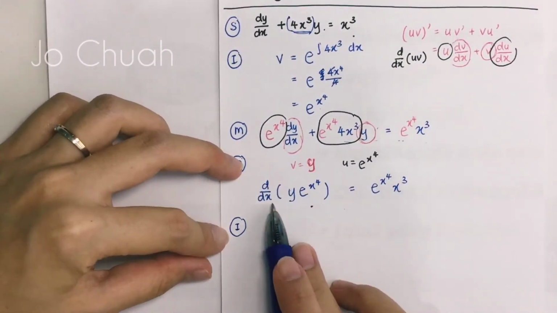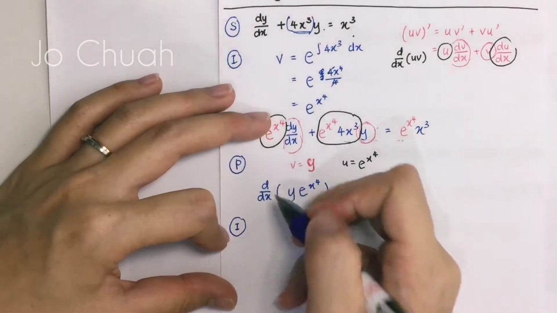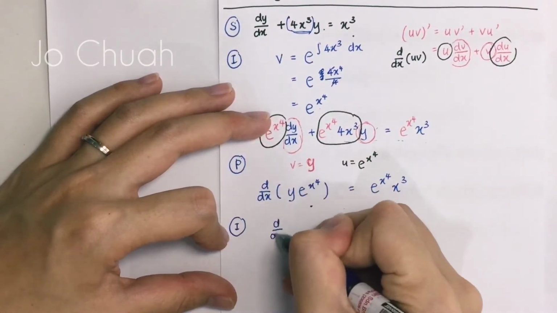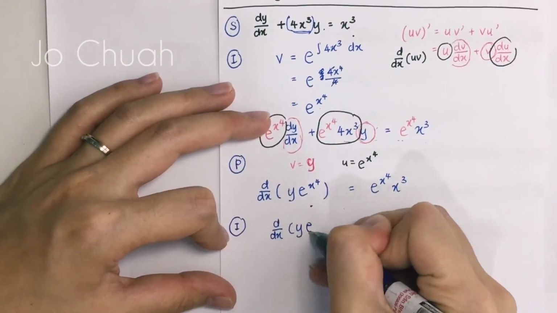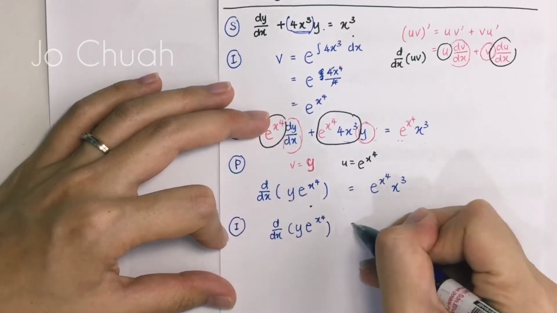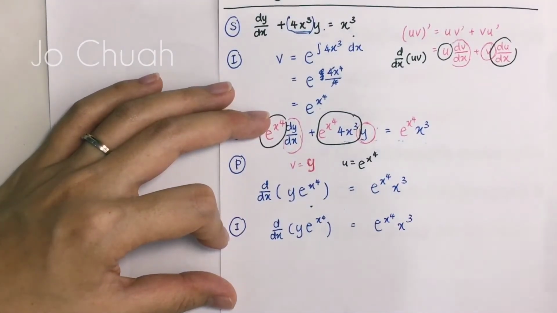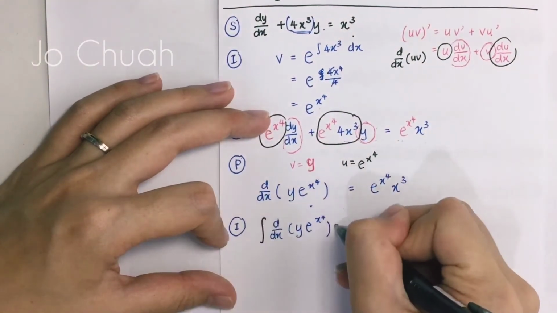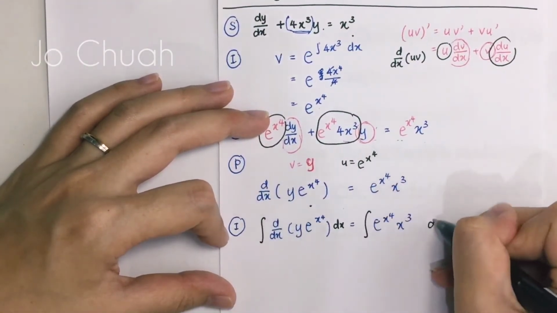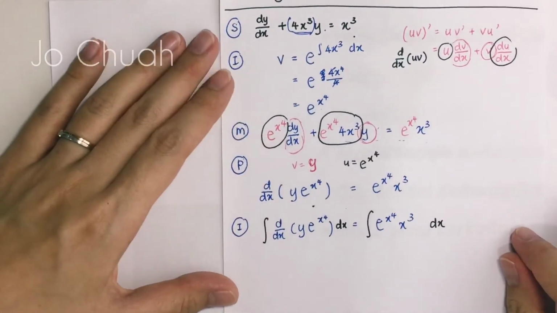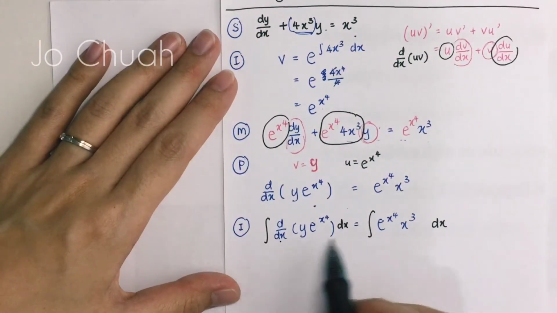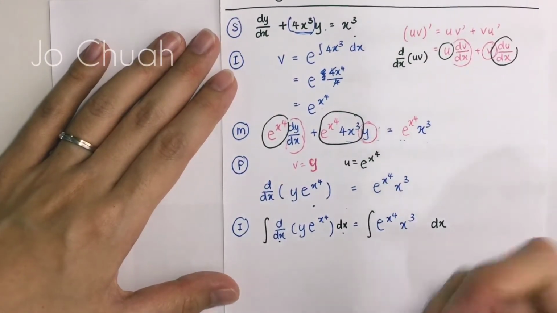So for the last step, if you integrate both sides, I'm gonna copy again for you to see. e to the x to the 4, x cubed. If you integrate both sides, you're gonna have this. Alright? So differentiate and integrate, it goes to nothing.